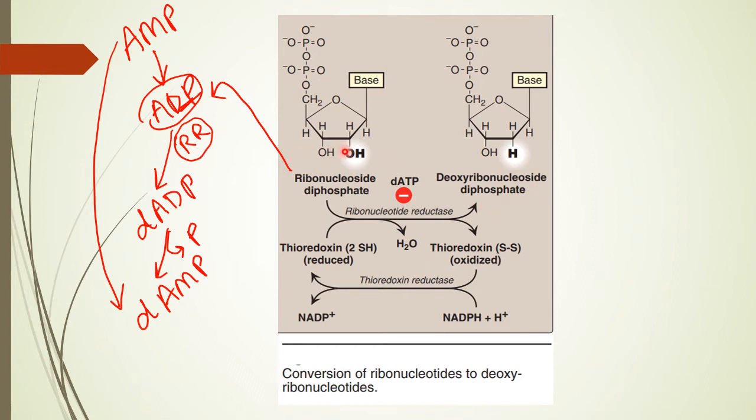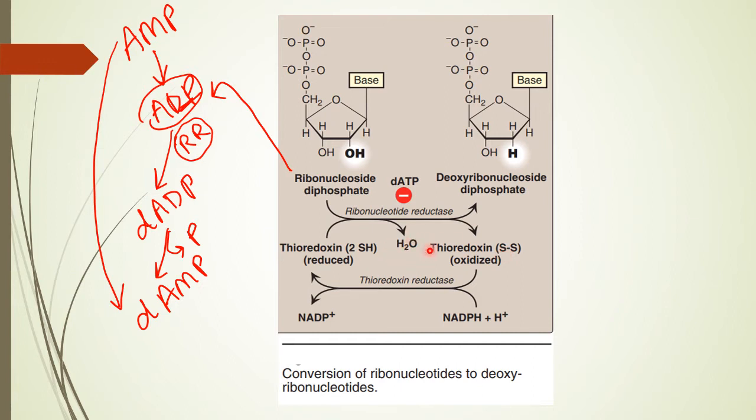Basically, ribose sugar is converted into deoxyribose sugar. Now in this reaction, thioredoxin itself is oxidized into its oxidized form, which is here represented by double S. There is no hydrogen atom present in it. And water is also released in this reaction.